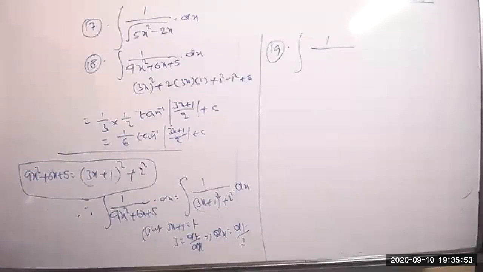If you don't complete right now, integration of 1 by root of 7 minus 6x minus x square.